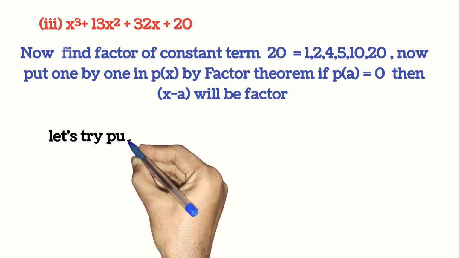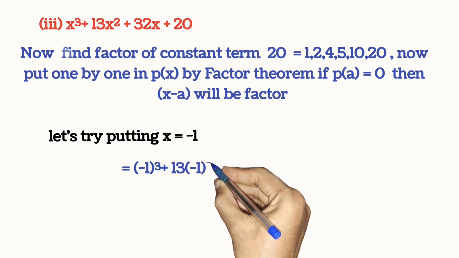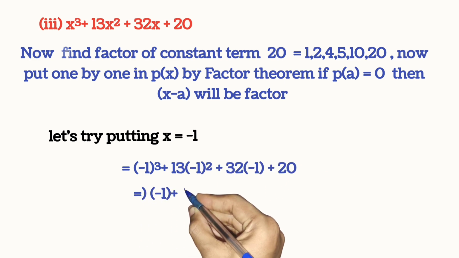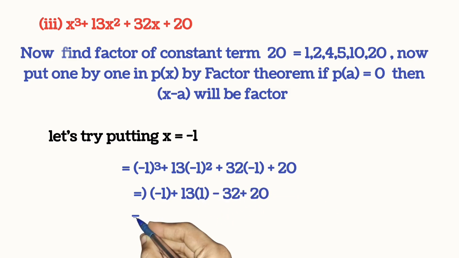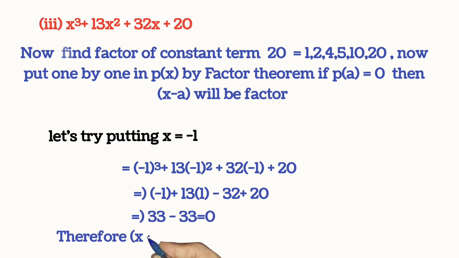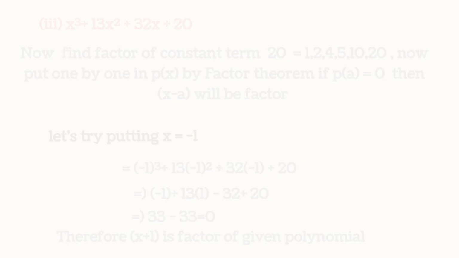So let's try putting x equal to minus 1. Then minus 1 cubed plus 13 into minus 1 squared plus 32 into minus 1 plus 20, that is equal to minus 1 plus 13 into 1 minus 32 plus 20, that will be 33 minus 33, that is equal to 0. Therefore, x plus 1 is a factor of the given polynomial.